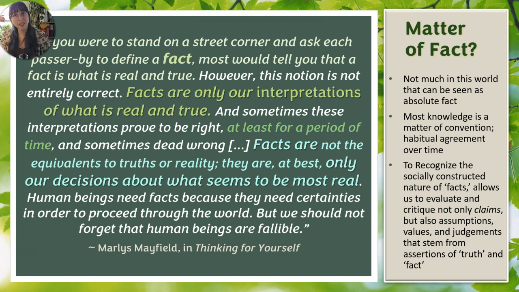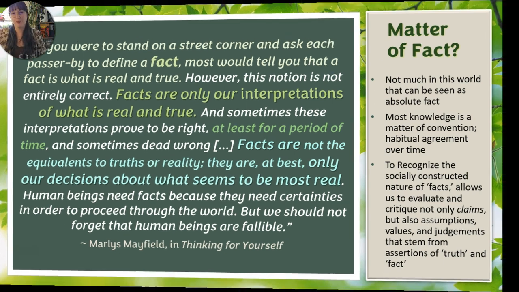Whereas on the other hand, if we recognize truth and fact as a socially constructed habit, it gives us this invitation to look for problems and imagine alternatives, which is what we're going to be doing in this class.